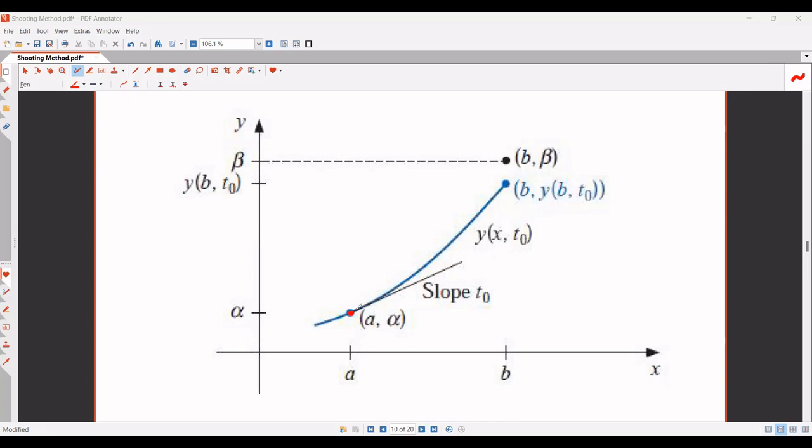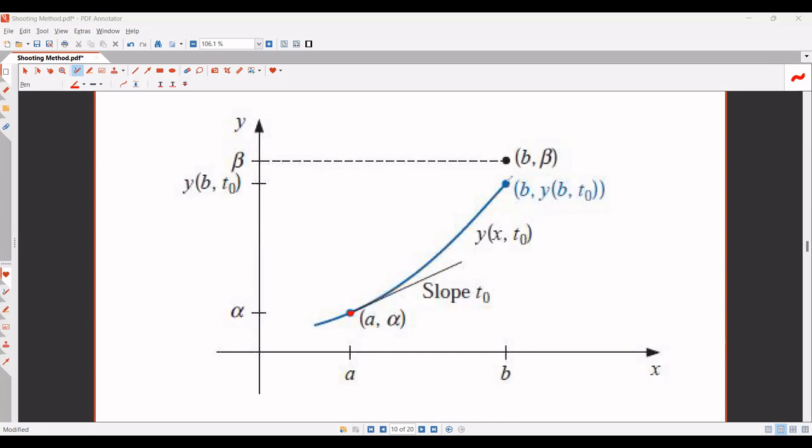Initially you shoot along a slope, you then reach up to the next grid point, then you move along another slope, you get to the next grid point, and finally you get to the final x equals b point and get a value of y. That's how it works, right?